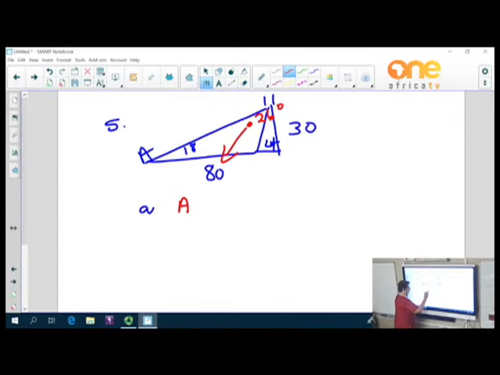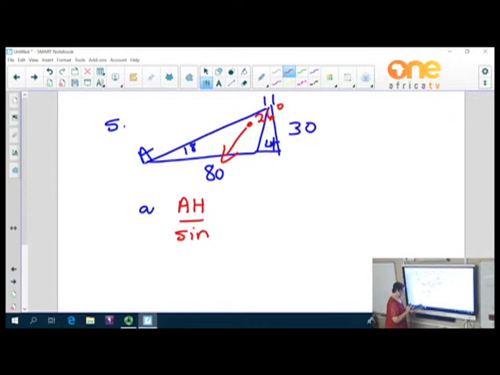So I'm going to use the sine rule, opposite sides, opposite angles. The one that I want to find comes on the left-hand top. So it is AH over sine, and now this is actually the angle that we need here, is that one.